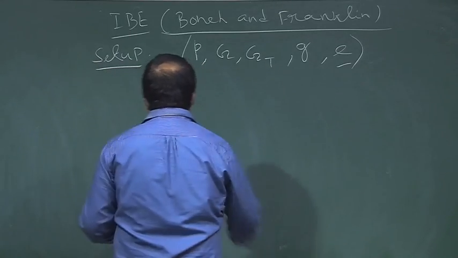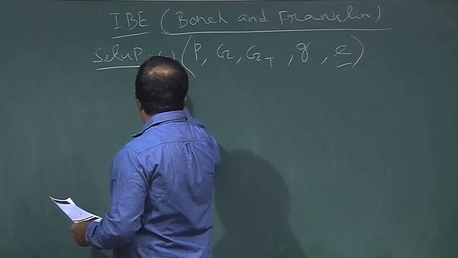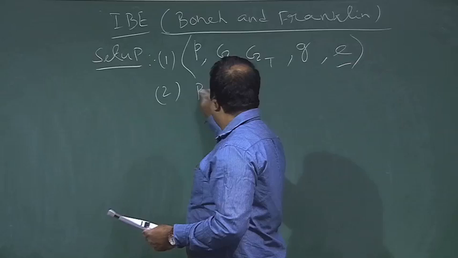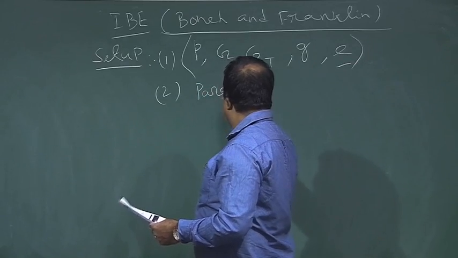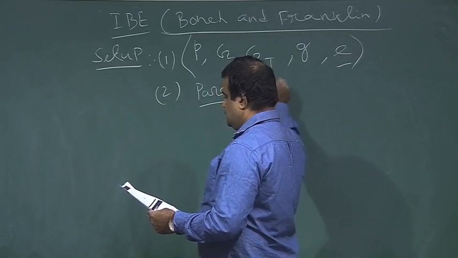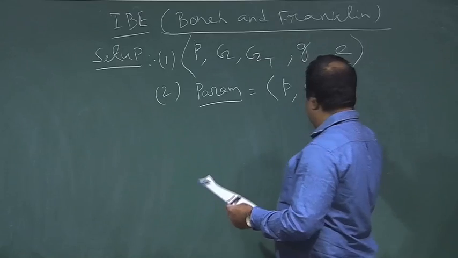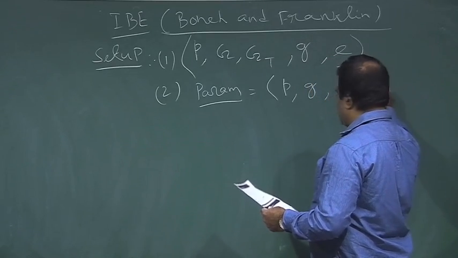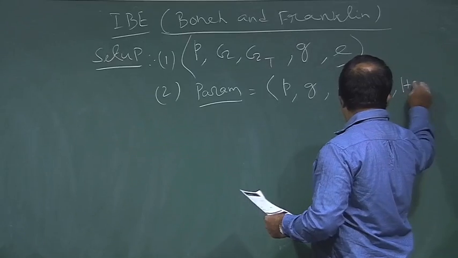Then we define the public parameters as P, g, Q, and two hash functions H1 and H2.